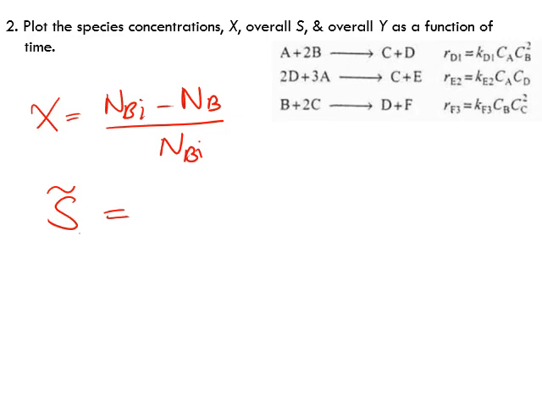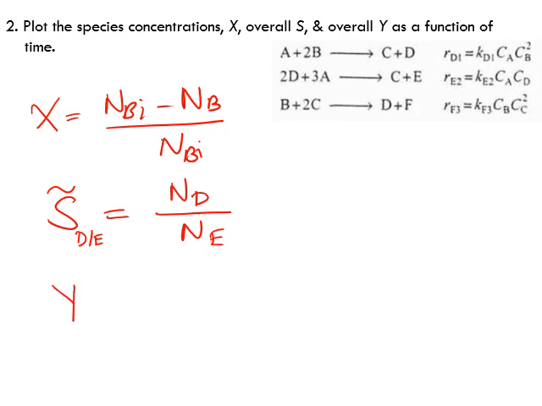In this case we have D over E, and this is Nd minus Nd naught, we don't have Nd naught, divided by Ne.